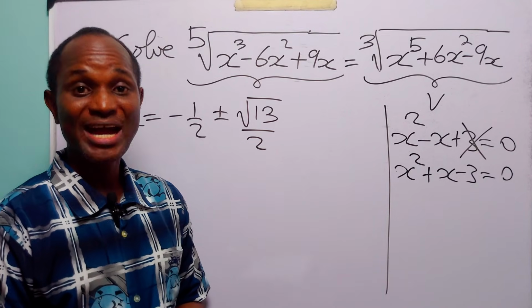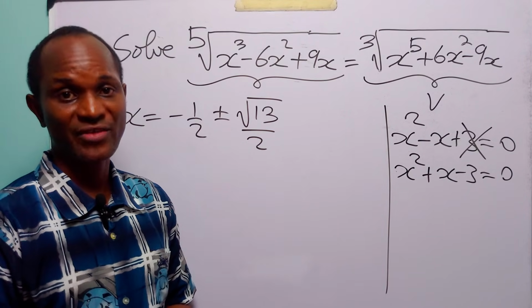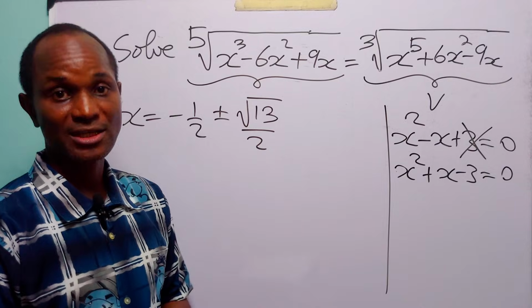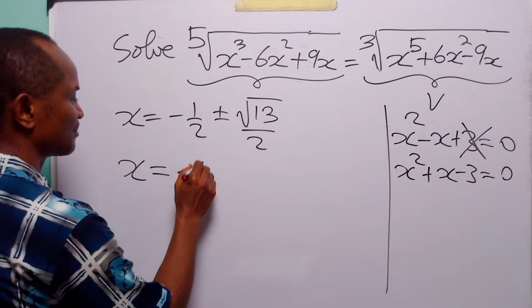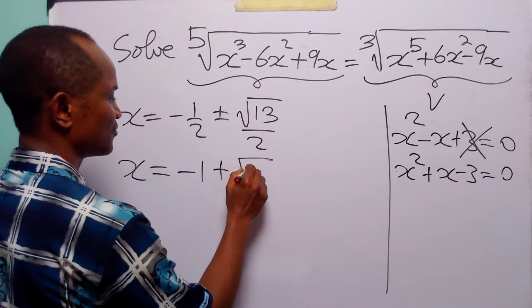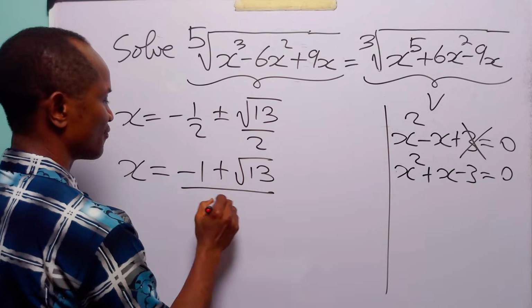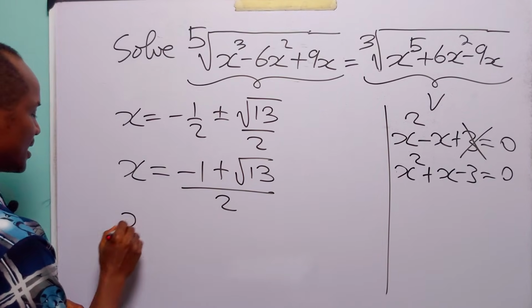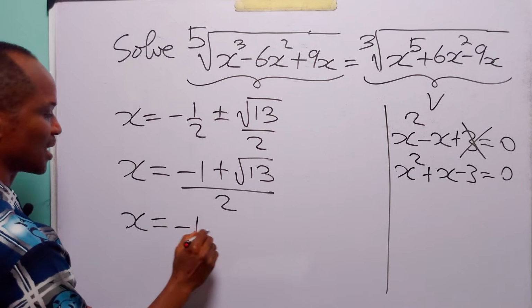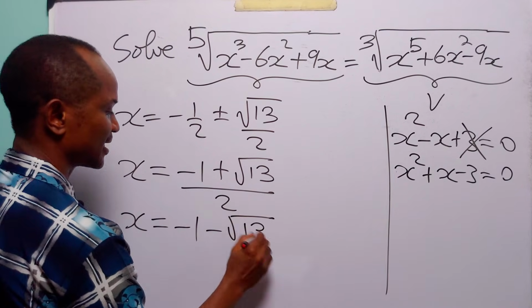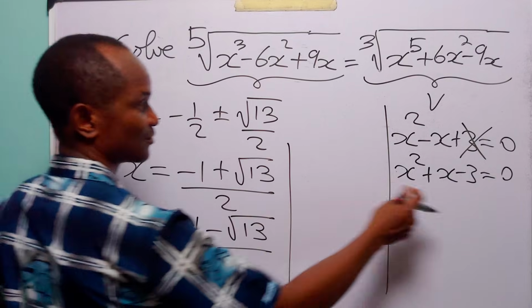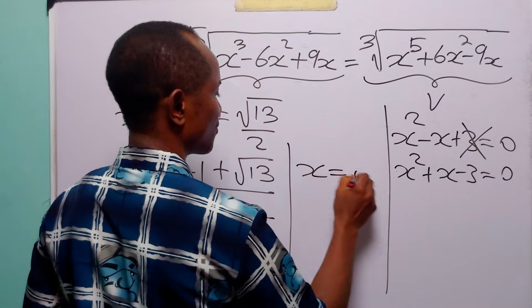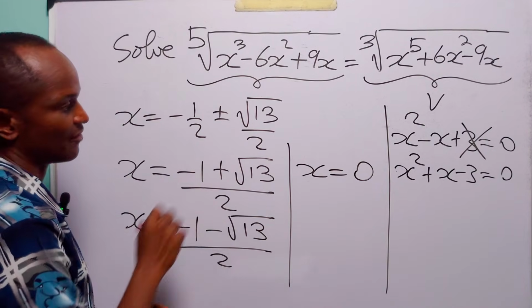So the three real values of x that satisfy this equation are x equal to (minus 1 plus root 13) over 2, x equal to (minus 1 minus root 13) over 2, and the last one, x equal to 0.